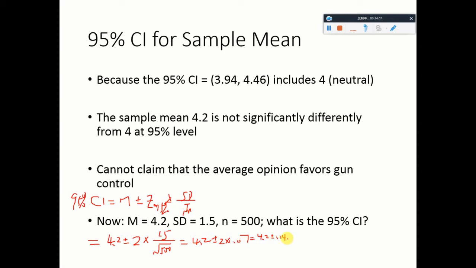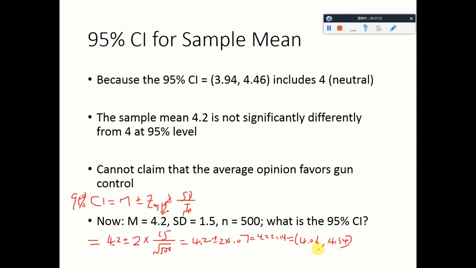That means the lower bound of this interval will be 4.2 minus 0.14, that will be 4.06. The upper bound will be 4.2 plus 0.14, so that will be 4.34.